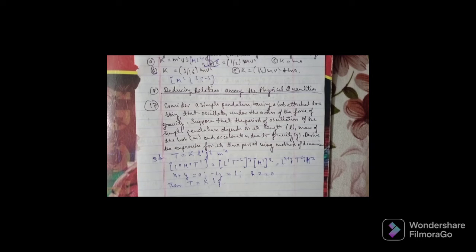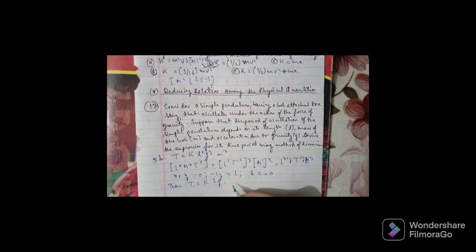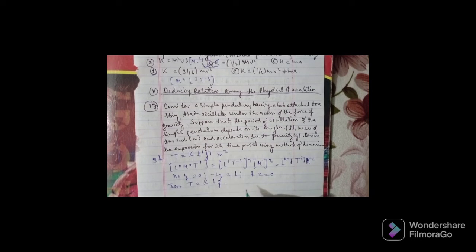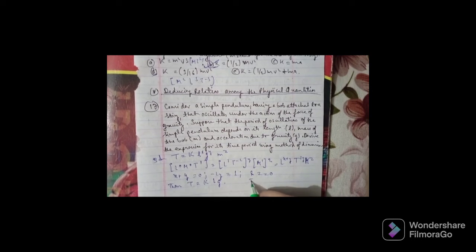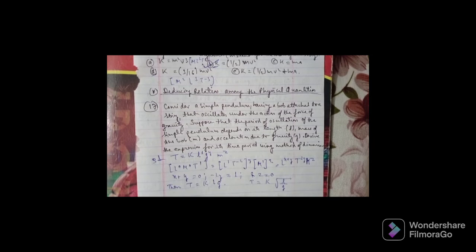Now we go further to solve this. We'll have T equals k under root L by g. You have to note that the value of the constant k cannot be obtained by the method of dimensions.